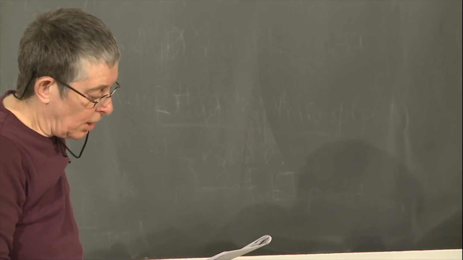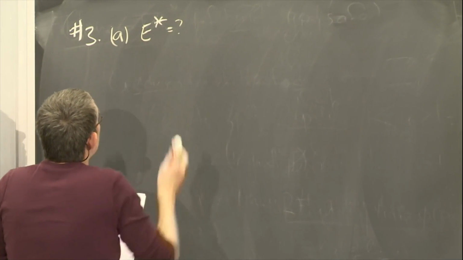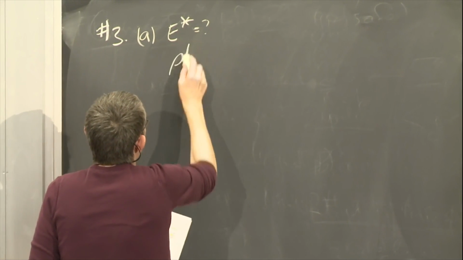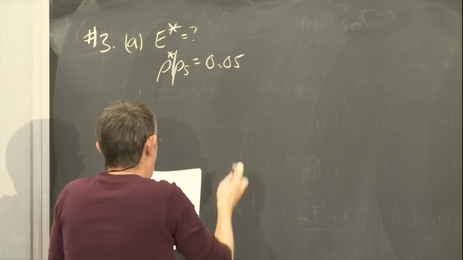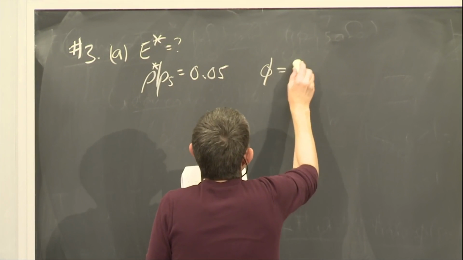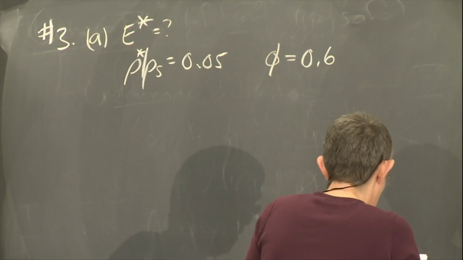So let me go through then. The first one is what's E star? We're told relative density is 0.05. The volume fraction in the edges is 0.6, which we called phi, so phi is 0.6.